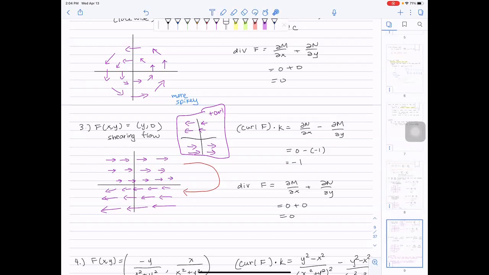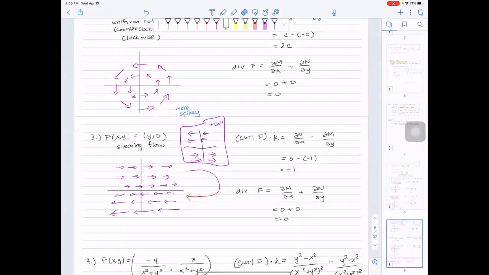Circulation is still telling you a little bit about rotation. It's how much spin your vector field is going to generate in a specific plane. So circulation tells you how much spin is going to happen in the YZ plane, and that gives the first component of our curl. Okay, so that would be 0, and then clockwise and counterclockwise. Yes, clockwise is negative, counterclockwise is positive.